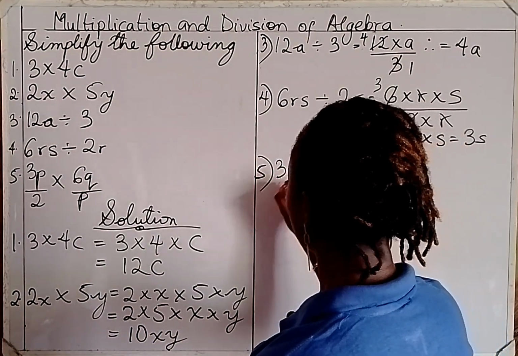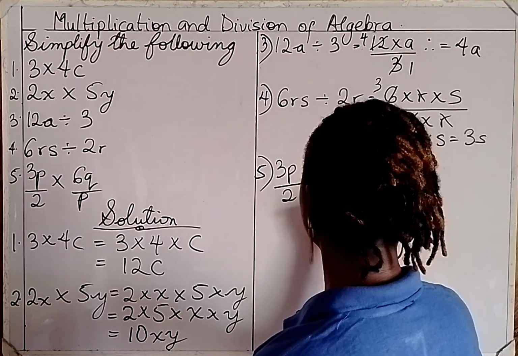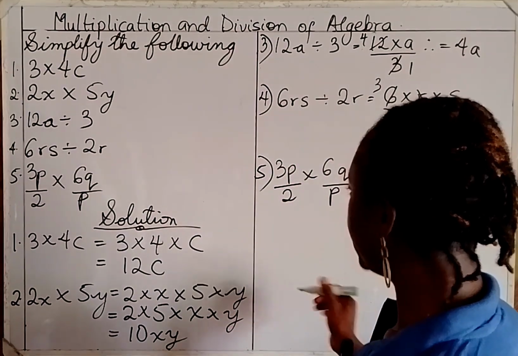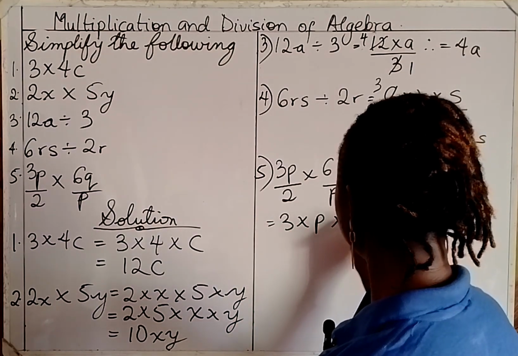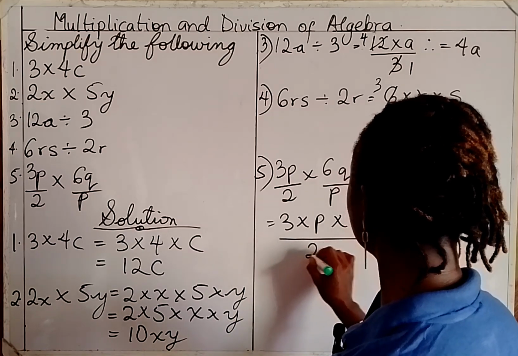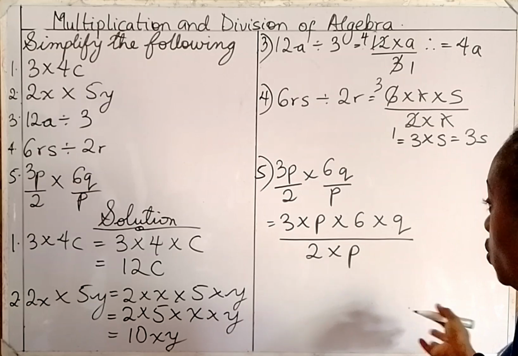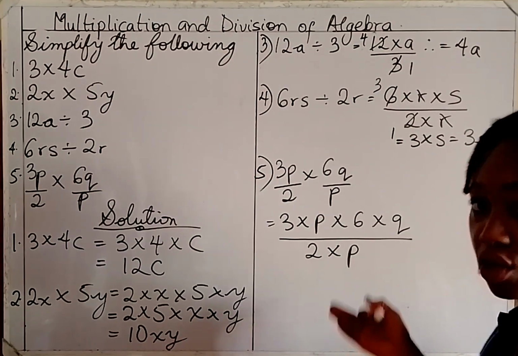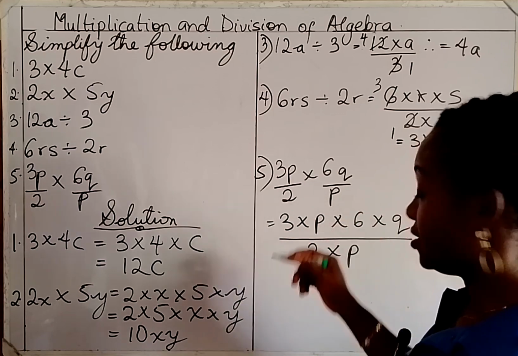Question 5. 3p over 2 times 6q over p. Now I'm going to expand it as usual. We have 3 times p times 6 times q all over 2 times p. You can see I've expanded it now, which makes it very glaring and easy for us to divide numbers and values, and letters, sorry.